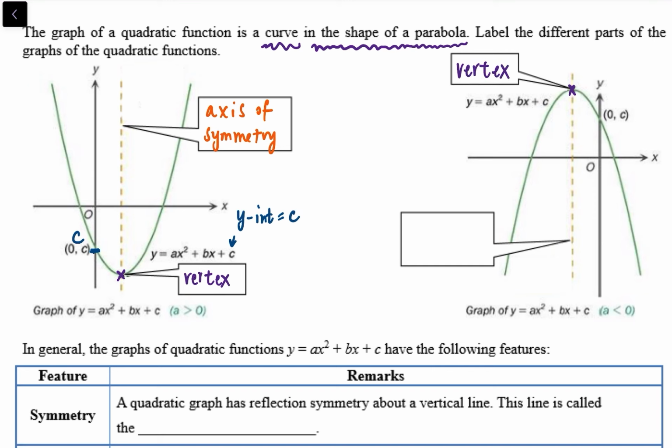So the vertex could be the point on the very top if the graph is opening downwards like this upside down U shape, or the vertex could be the lowest point, which is the U shape on the left. The dotted line cuts the graph into two equal parts, so this dotted line is called the axis of symmetry.